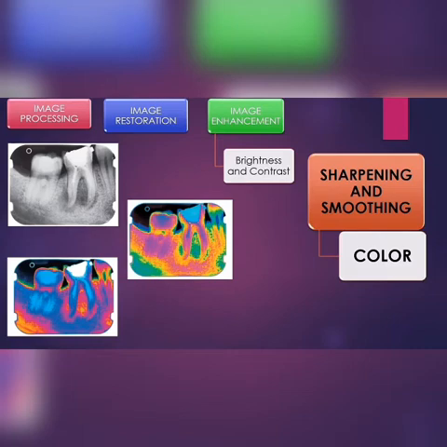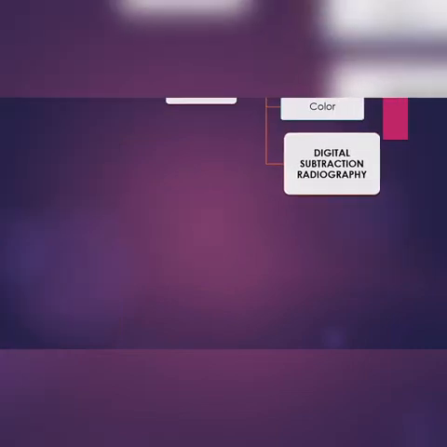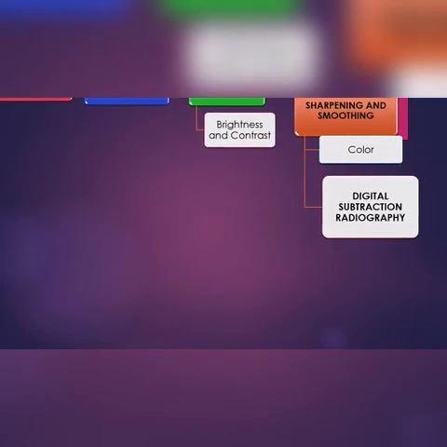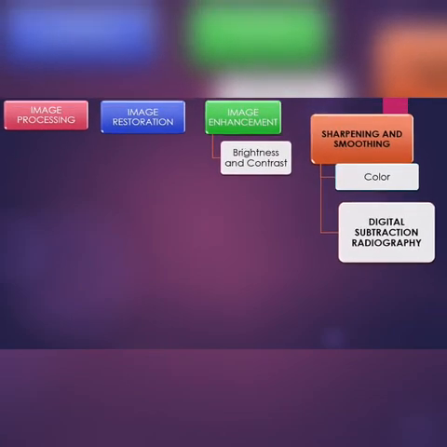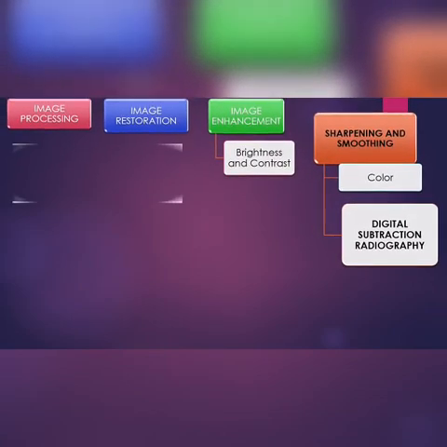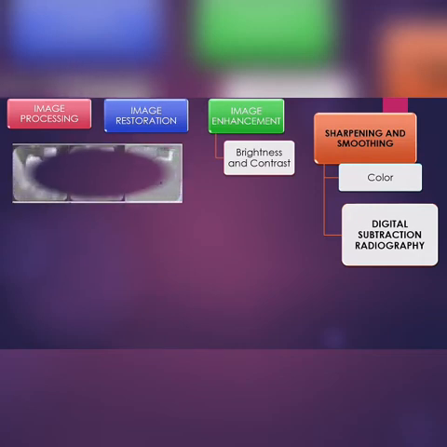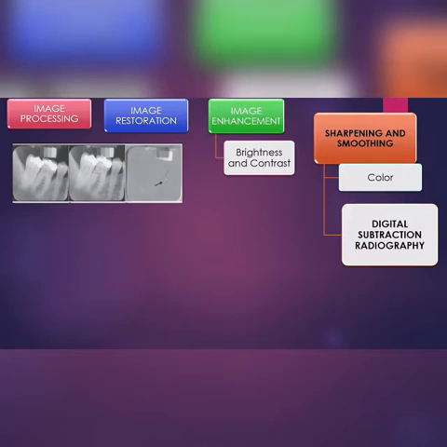Alright, so about the next one, digital subtraction radiography. This is quite a commonly used technique. Basically, when two images of the same object are registered and the image intensities of the corresponding pixels are subtracted, then a uniform difference of the image will be produced. Okay, so you're going to overlap.